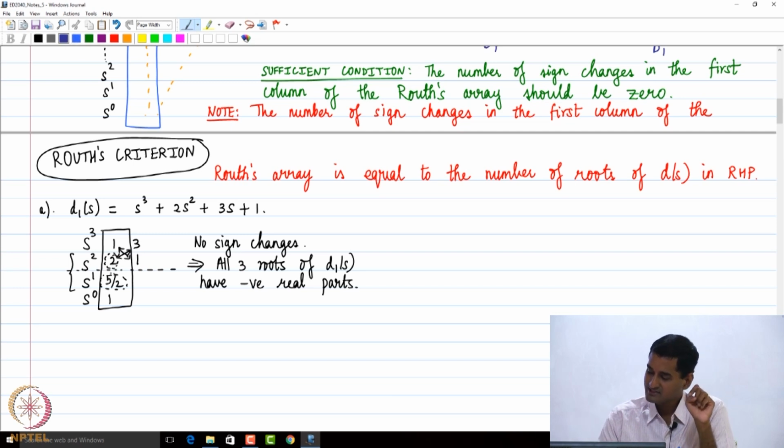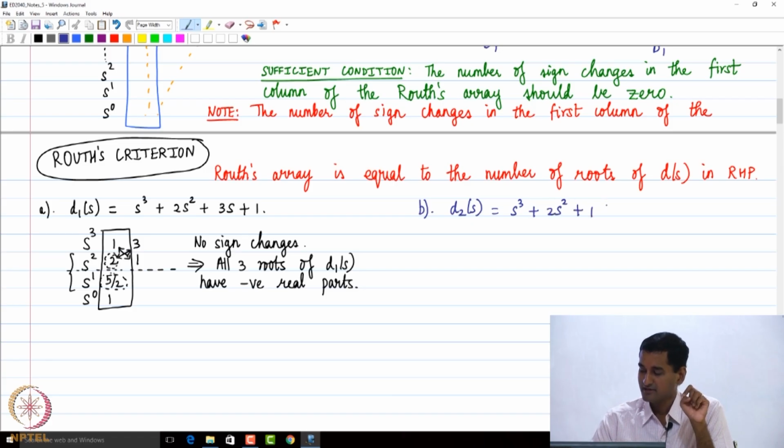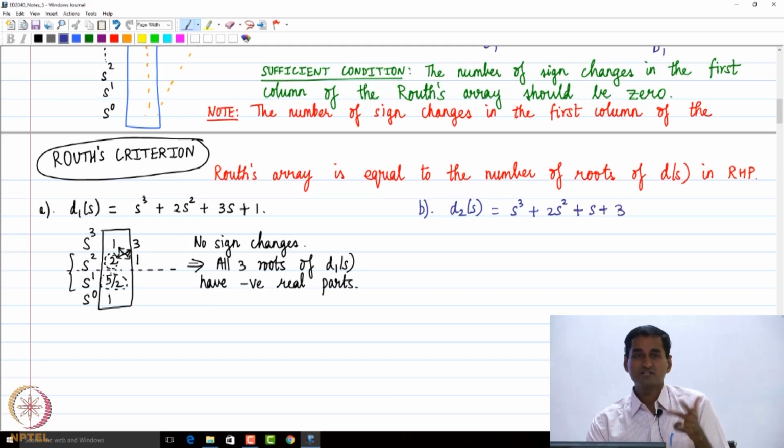Now let's go to the second polynomial. What happened in d2 of s? We wrote it as s cube plus 2s squared plus s plus 3. We just swap the s power 1 and constant term coefficients.